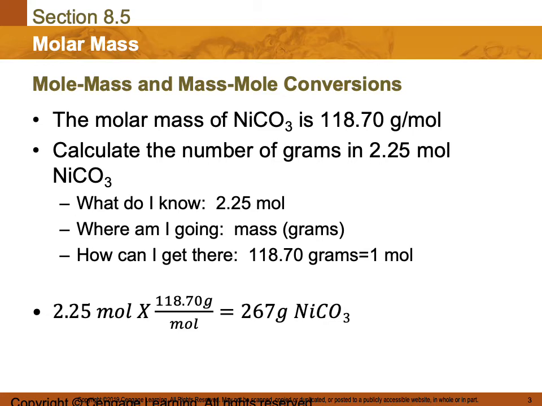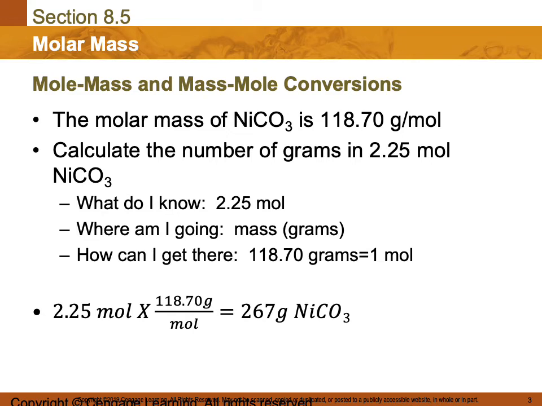So the what do I know in this case is moles. The problem tells me I have 2.25 moles of this compound, nickel 2 carbonate. The question, where am I going, is calculate the number of grams. So the problem is asking me to find the number of grams. And then finally, how can I get there is what's the relationship between the 2 units. So we have grams and we have moles. And when you hear grams and moles, you automatically think molar mass.